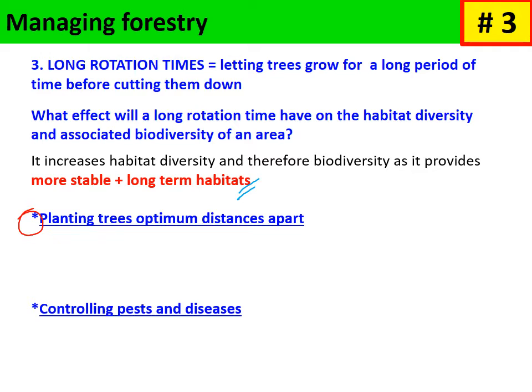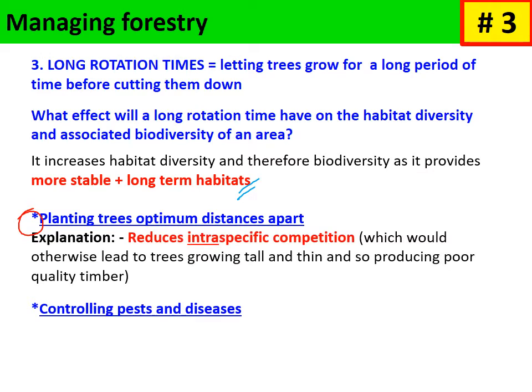And what you'd get is very tall, elongated trees. But obviously that's not what we really want. We want trees to grow optimally. So if you plant trees far enough apart, it reduces intraspecific competition, and allows more optimum plant growth.